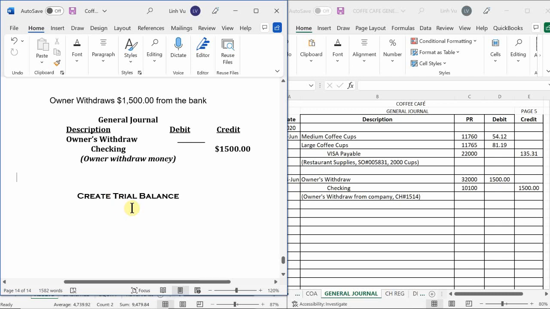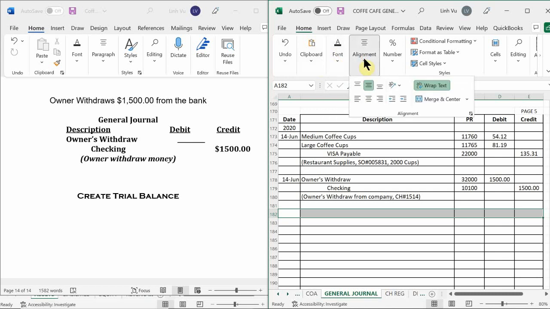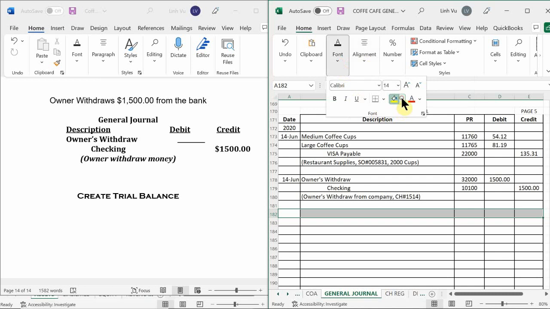Okay, so now we need to complete our trial balance. So once again, I'm going to put a little section here so I know for my journal purposes, right?